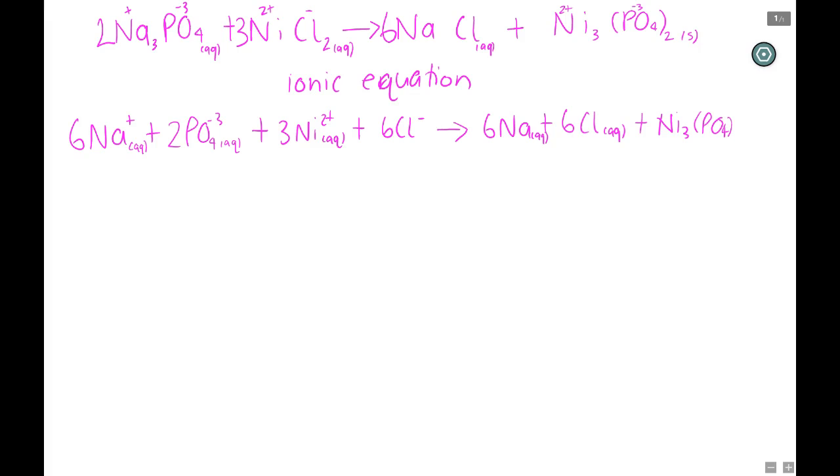Alright, so now we need to work out which of these can be cancelled out, so which are occurring in the same phase on both sides. So our sodium is, and we can see that our chloride is as well. So now we can write our net ionic equation.